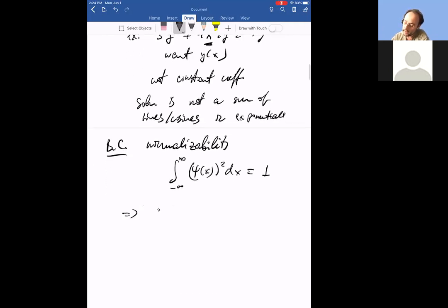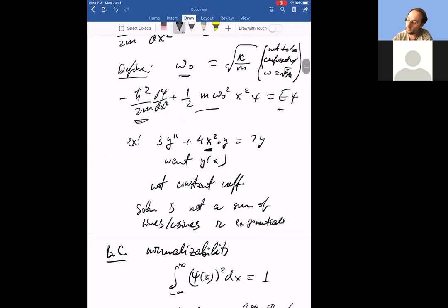And so that means we can't have bits that go to infinity at x equals plus and minus infinity. And so it turns out that this is only possible for discrete values of E. So again, we see that the quantization is enforced by boundary conditions.